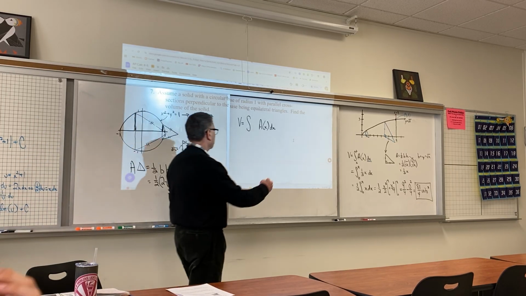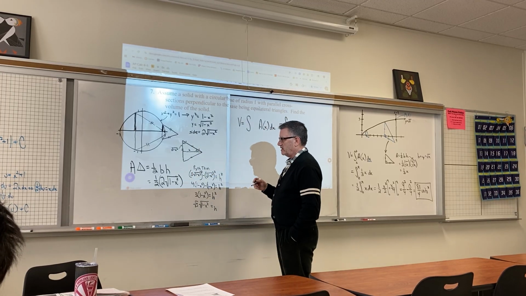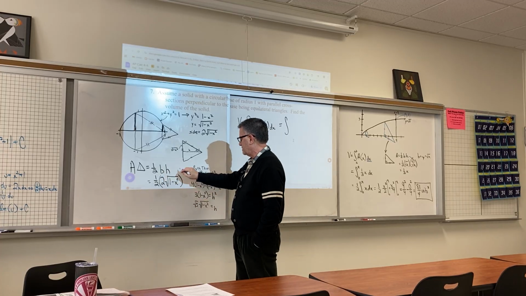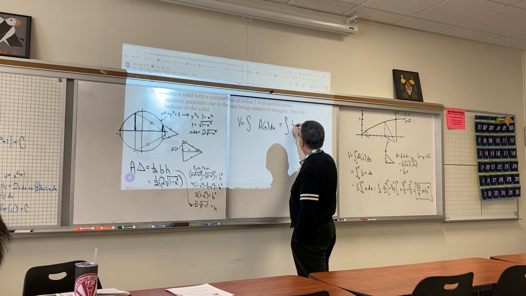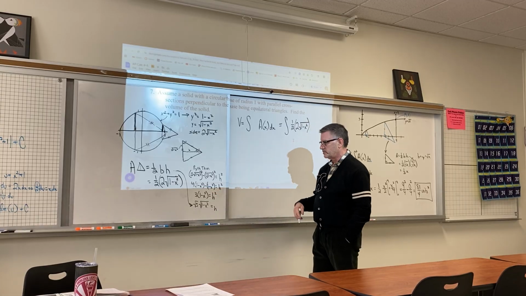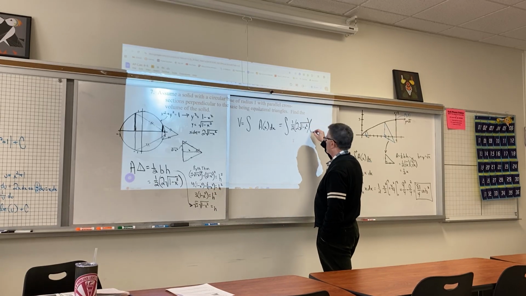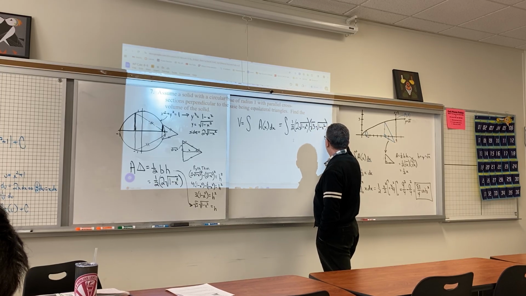Okay, let's come over here. The volume is going to be the integral of the area. The area is 1/2 base times the height, which we now have. 1/2 the base, 2 of those things. The height, we just figured out from the Pythagorean theorem, or we could have used trig, is the square root of 3 times the square root of 1 minus x squared, dx.